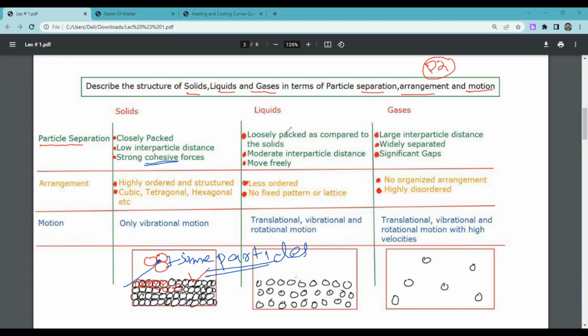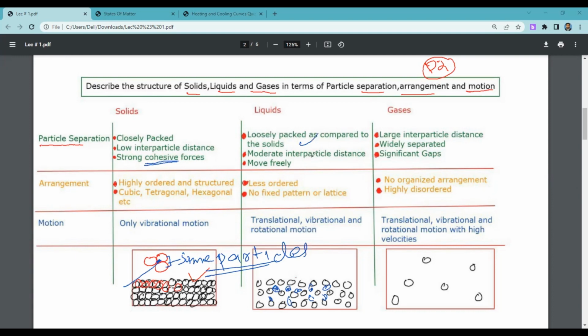In liquids, the particles are loosely packed as compared to solids. You can see that they have some interparticle distance. Therefore, they can move freely.